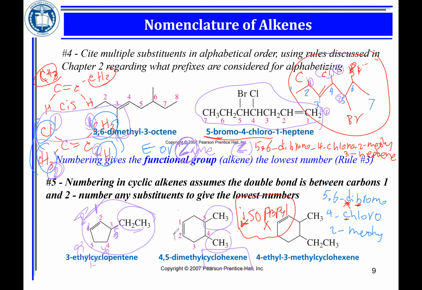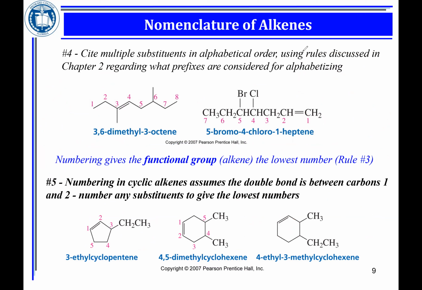Now, would it make a difference if you go from 1, 2 or not? If it doesn't make a difference, then it's going to be the same. But if it makes a difference, you have to start from the side that is going to give you the lowest number set.